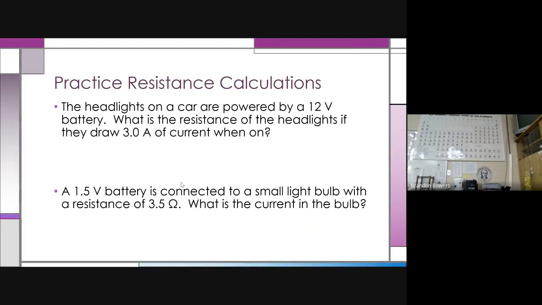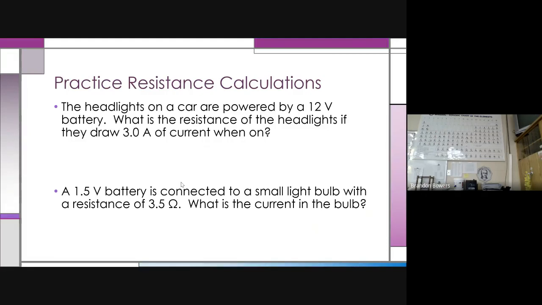So you can just flip-flop the 3.5 and the C. So C is equal to 1.5 divided by 3.5, which I don't know. Oh, I have a calculator. 0.42. Now, what's the unit for current? Amp. Very good. So 0.42 amp. Do we feel good on that?